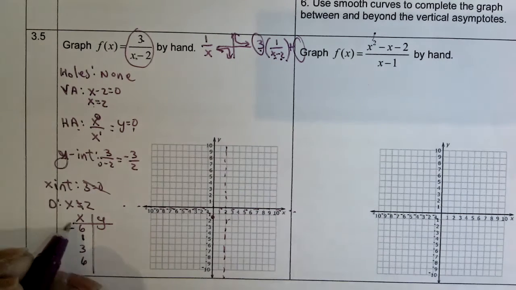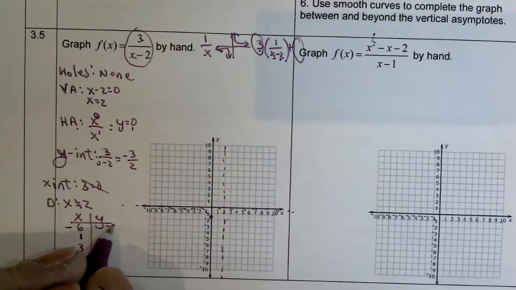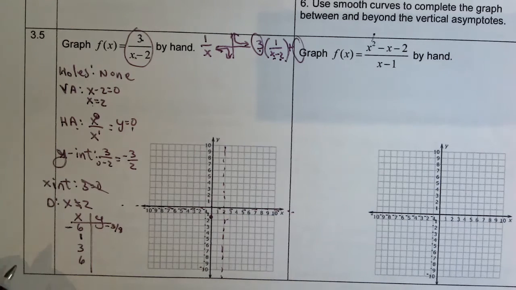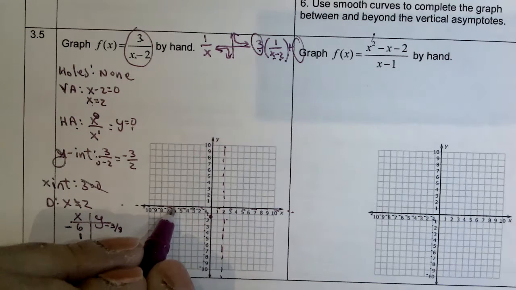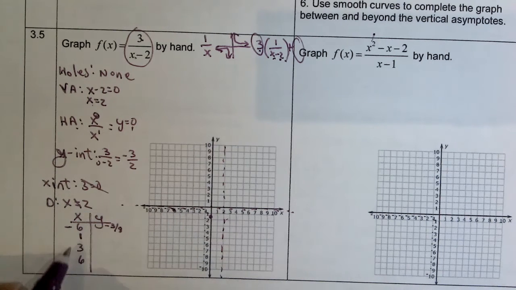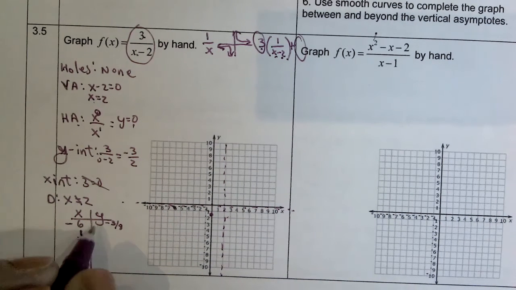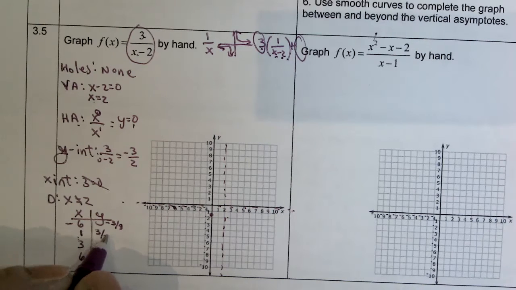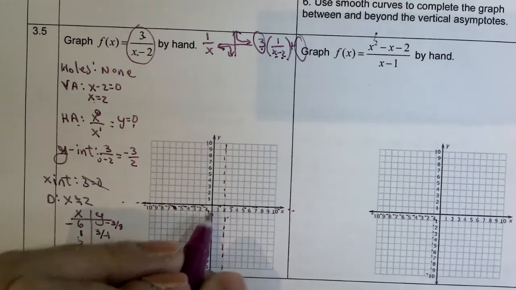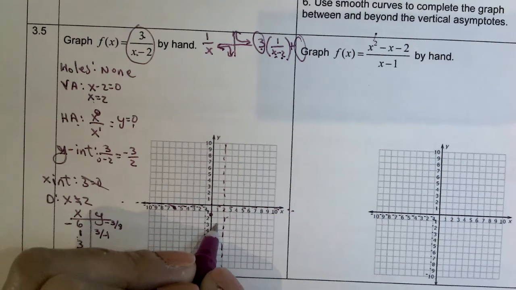So we can plug those in. 3 over -8, so -3/8. So (-6, -3/8), which is somewhere here. For 1, we're going to get 3 over -1, so we're going to have (1, -3).